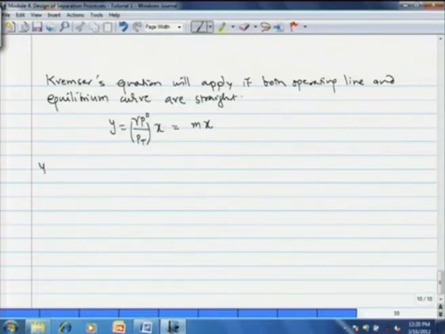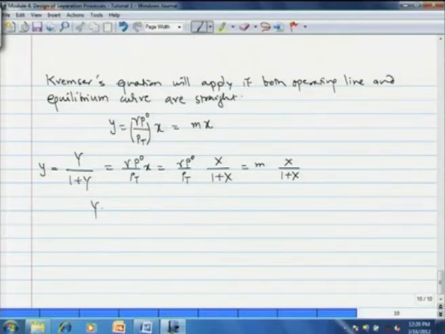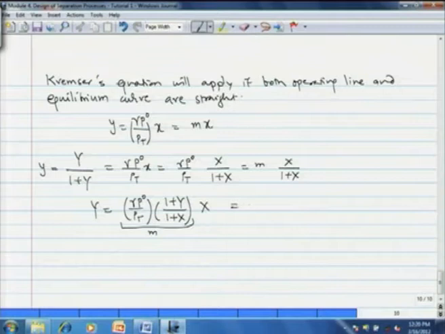So, y is equal to Mx is our equilibrium relation. The relation between mole ratio and mole fraction: mole fraction is denoted by small y, mole ratio by capital Y. Small y is equal to capital Y divided by 1 plus capital Y, and this is equal to gamma P naught by Pt into x, with x also written in terms of capital X. Then we rearrange this, and now what we have here is the modified M for mole ratio.